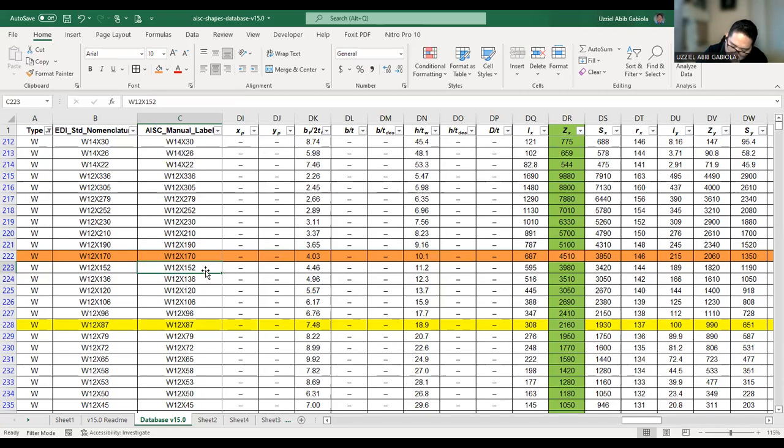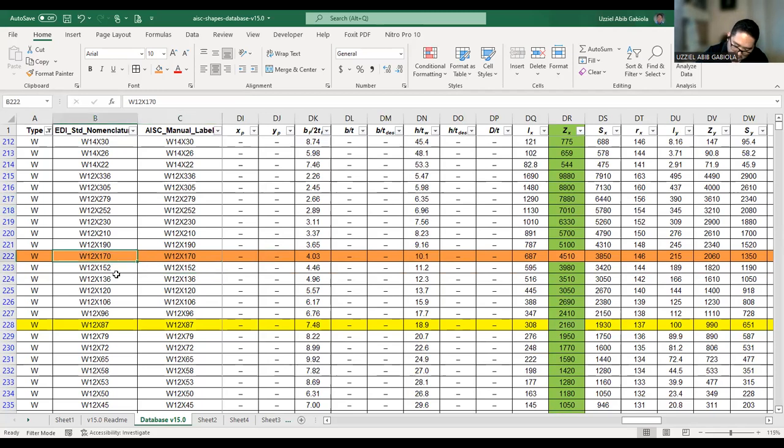Okay? Then ano pang kailangan natin? Kailangan natin ng weight niya. Okay? And also kailangan din natin yung kanyang plastic section modulus.